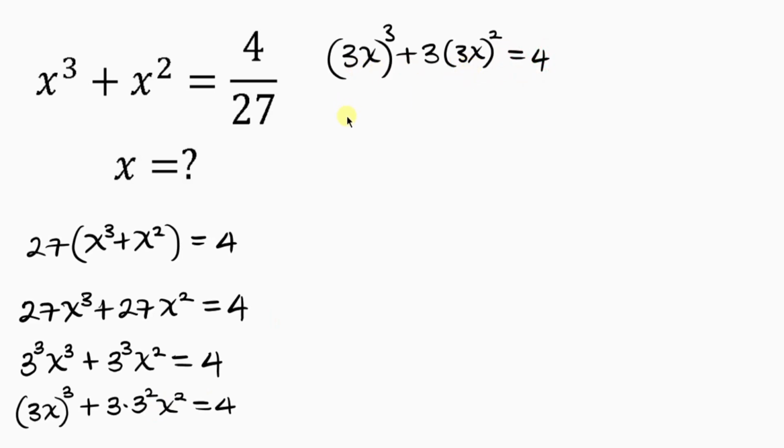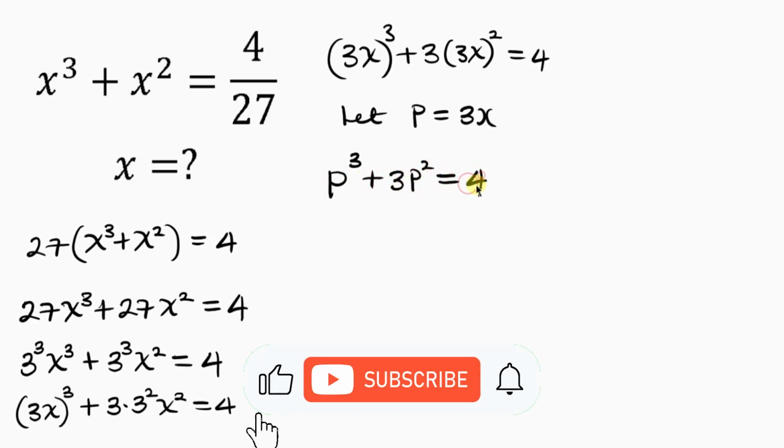So we can therefore make a substitution by saying let p be equal to 3x. That means wherever I see 3x, I'm going to be putting p there. So let's go ahead and do that. So this is 3x, so I'm going to be putting p raised to the power of 3 plus 3p to the power of 2 equal to 4.